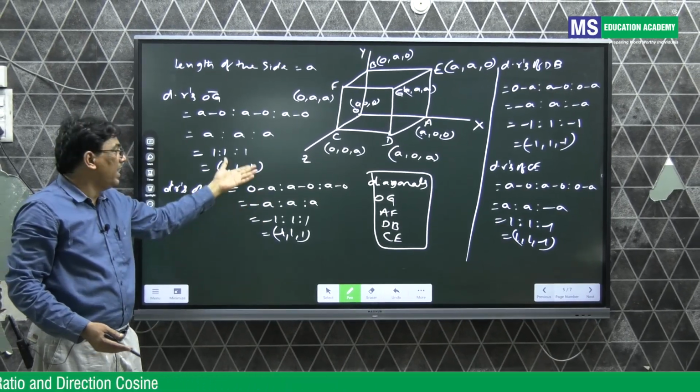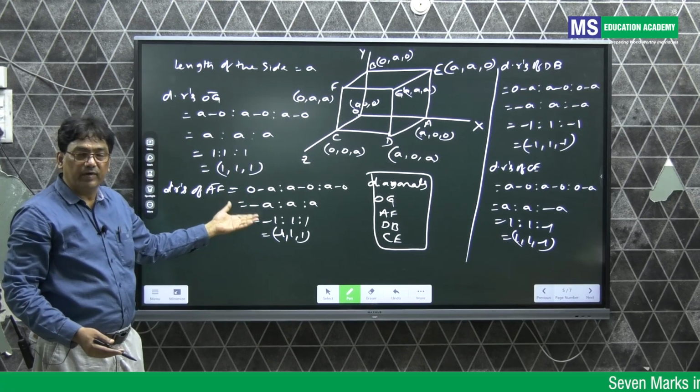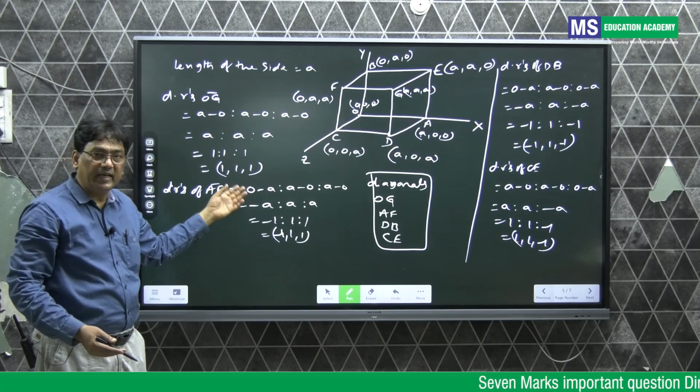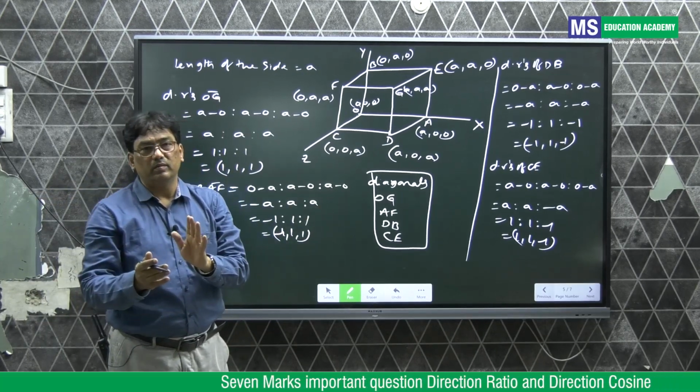Applying that formula, cos theta is 1 by 3, so theta equals cos inverse 1 by 3 directly. That means if you practice this problem, you can get both.